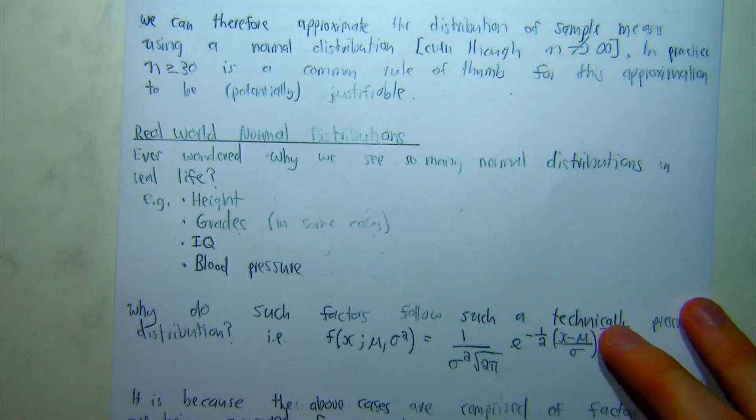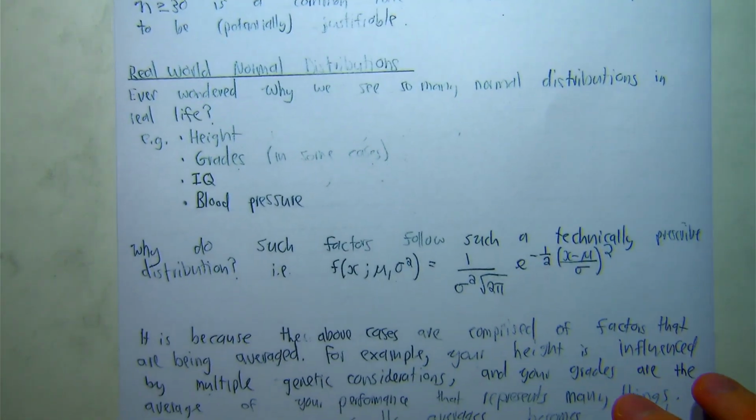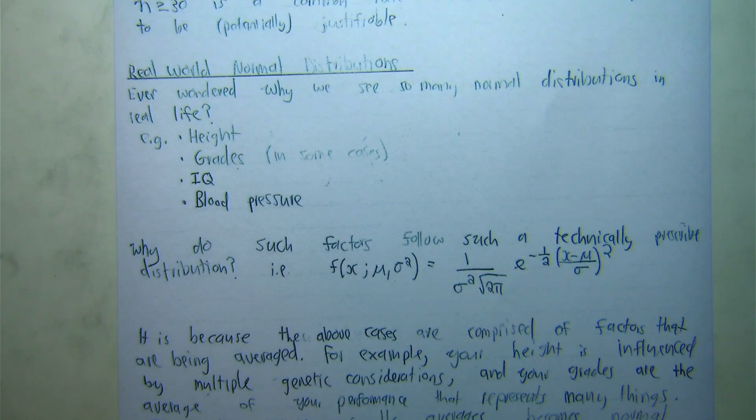Okay, just to finish here, we often see in the real world things are distributed normally. And why is this the case? If you understand the normal distribution, it has a very complicated probability density function, which has exponentials, pi, squares in the exponents, etc. So why is it that so many things in practice follow the normal distribution?